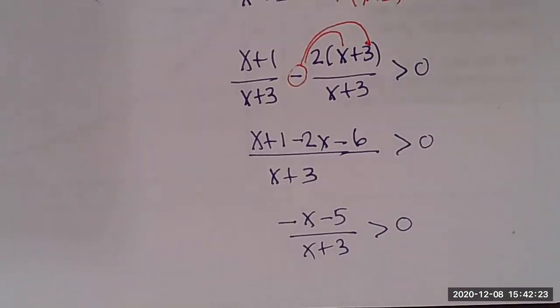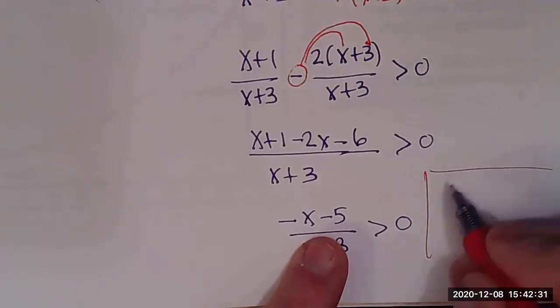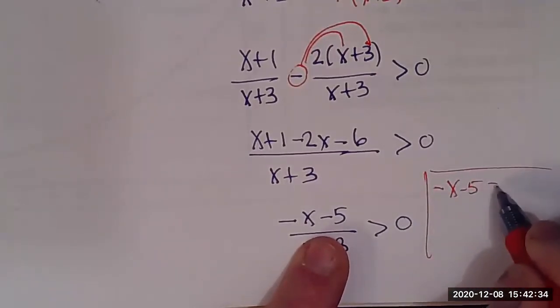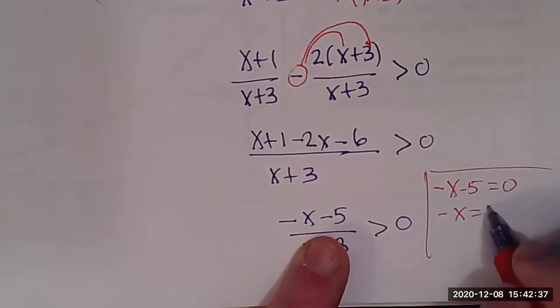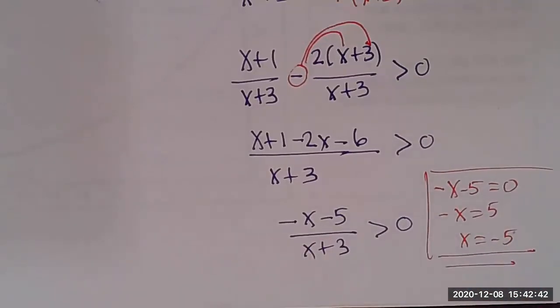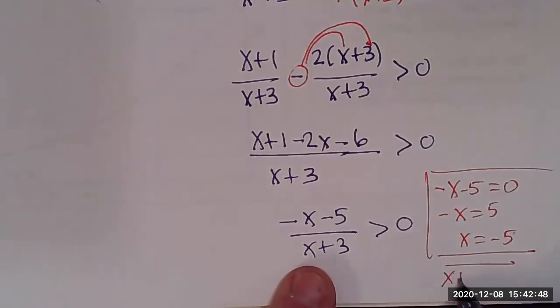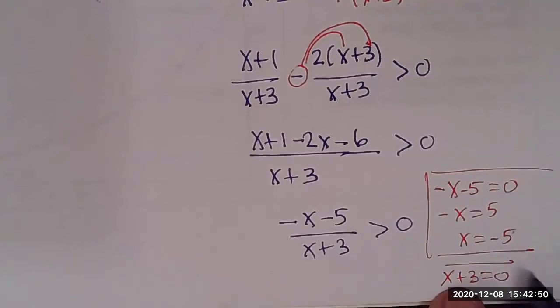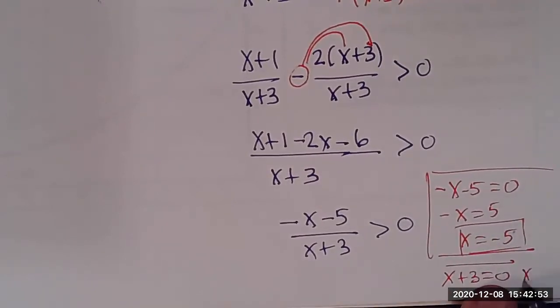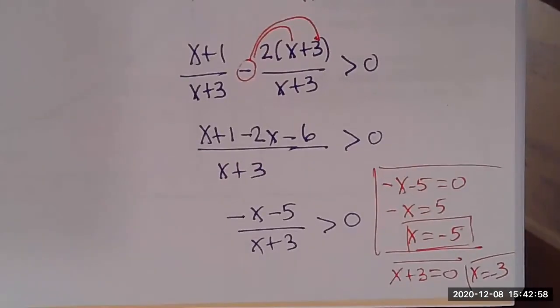Then you take the numerator, set it equal to 0, and the denominator. So take this, set that equal to 0. So -5 is one of the boundary numbers, and then this one here would be -3. x plus 3 equals 0. So you get x equals -3. Those are your boundary numbers.